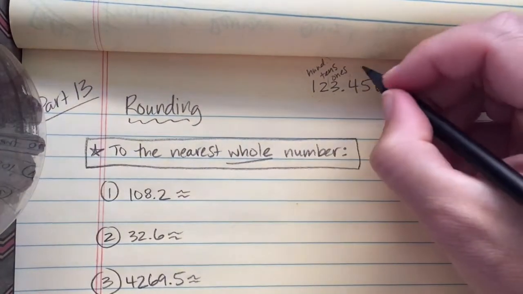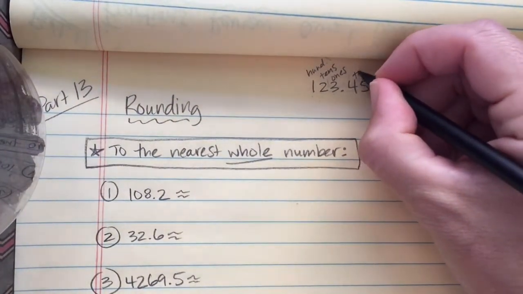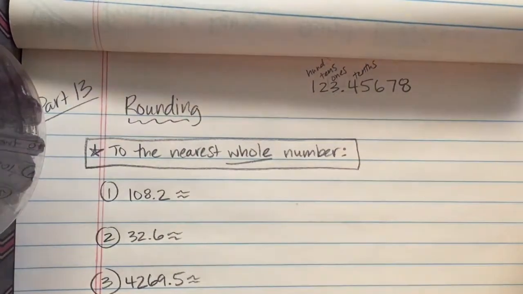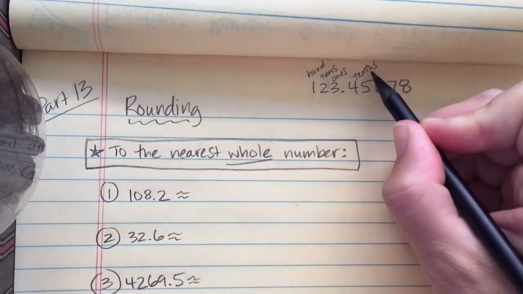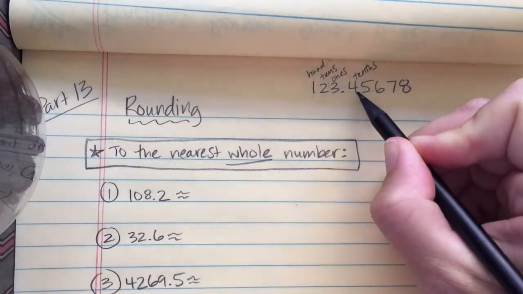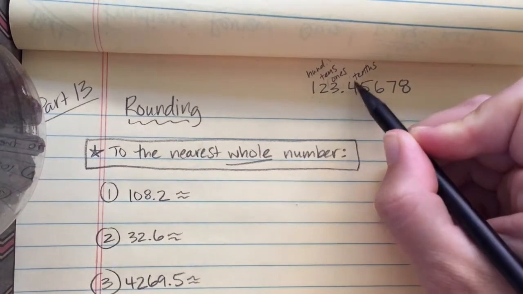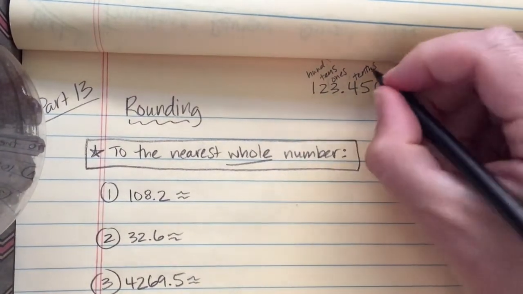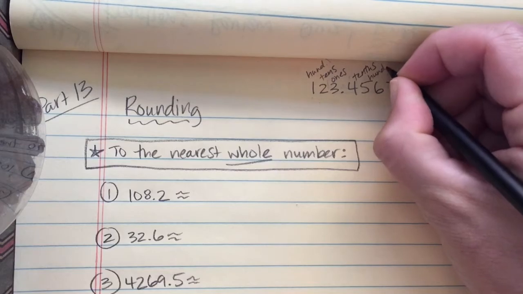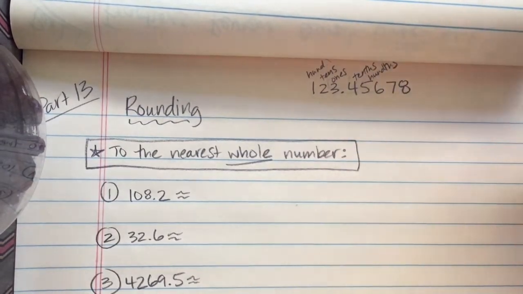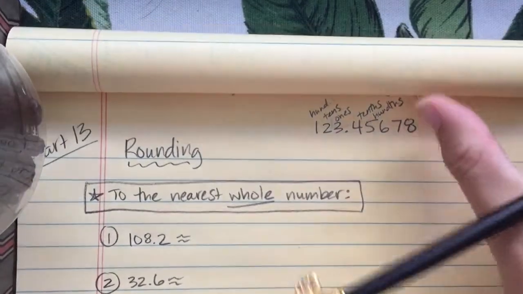The 4 is in the tenths place. What we do with our decimals is we simply add a th to the end, but it doesn't start with ones, it starts with tenths. So the 4 is in the tenths place. The 5 is in the hundredths place. Sorry, I hope you can see that.